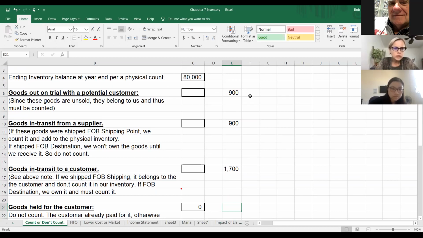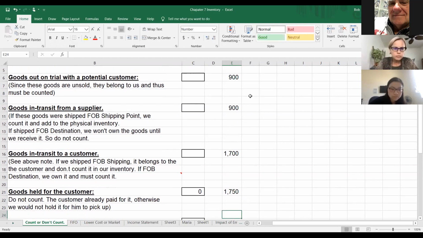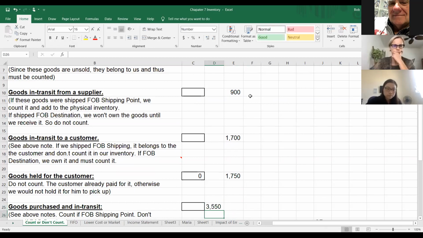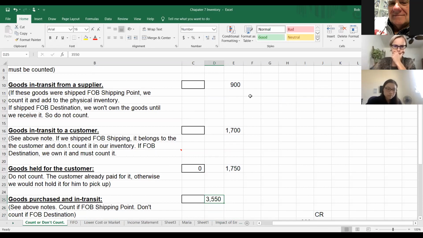1700. E7-1. 1700, 1750. E is the next one. Purchased and in transit. That's 3550. I think this will be worthwhile once we drop the numbers in.